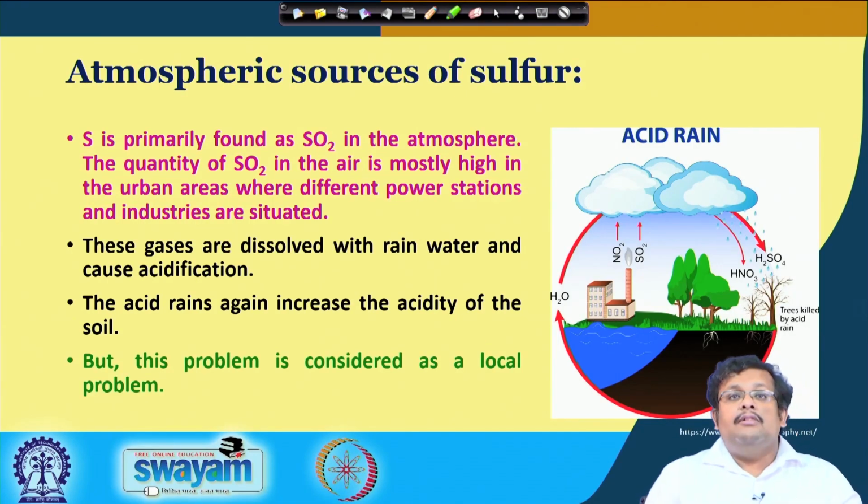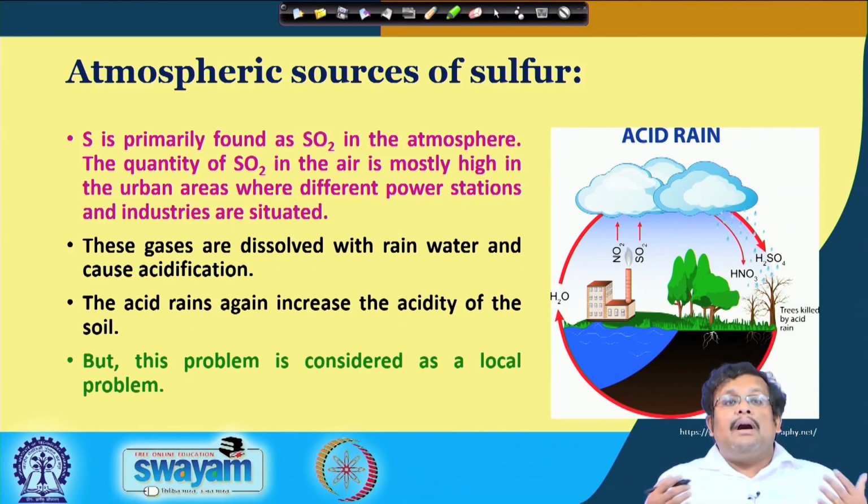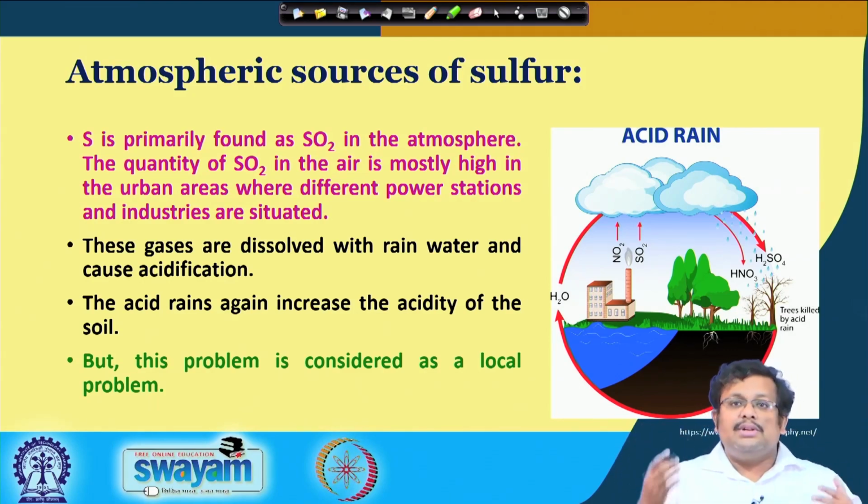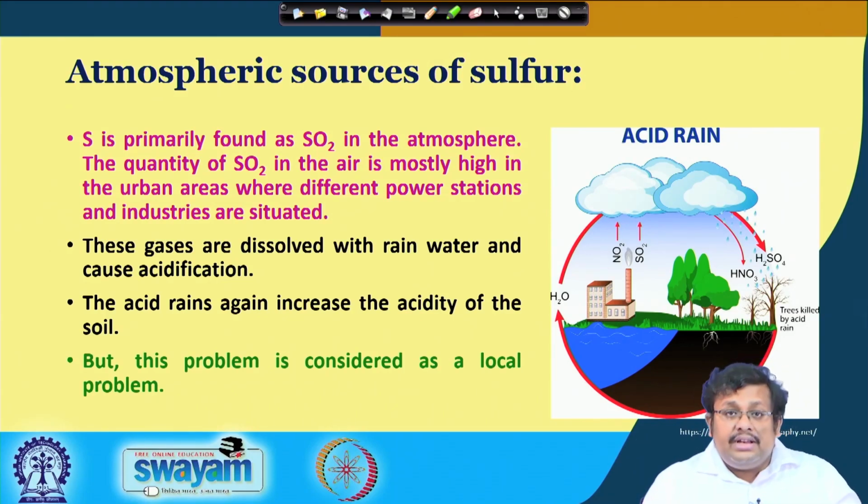Now, what are the atmospheric sources of sulfur? Sulfur is primarily found as sulfur dioxide in the atmosphere, and the quantity of sulfur dioxide in the air is mostly high in urban areas where different power stations and industries are situated. So, the sulfur dioxide in the atmosphere is basically generated through industries as well as automobile emissions. Now, these gases are dissolved in rainwater and cause acidification.